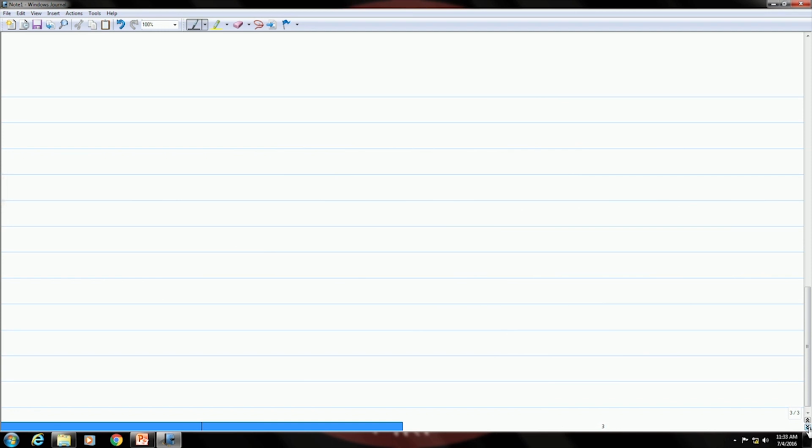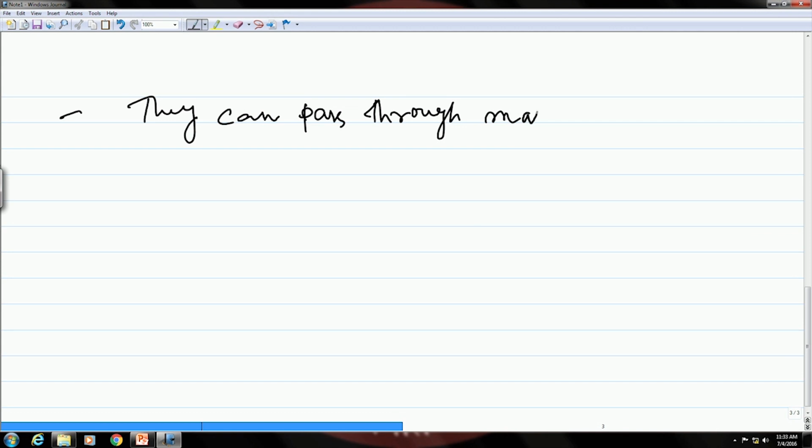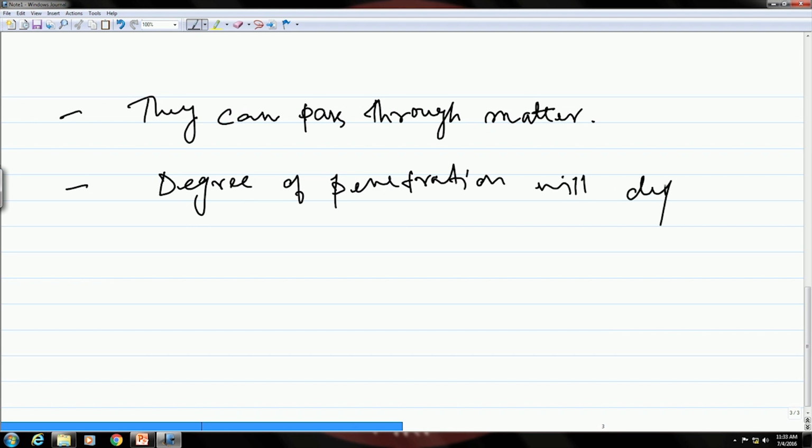The other properties are that they can pass through matter, as I told, because of the high energy levels. And this degree of penetration will depend on their energy and the material that they are going through.